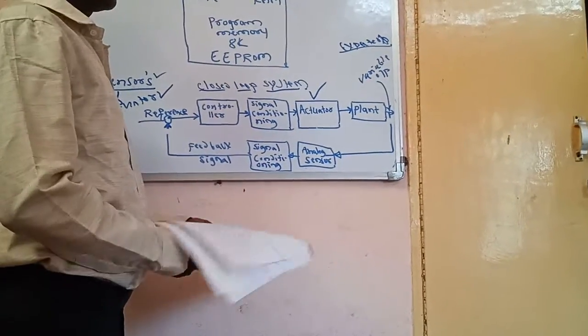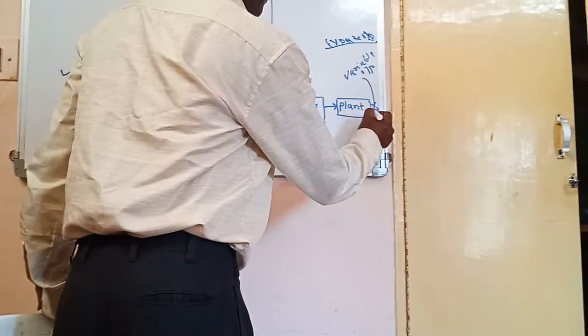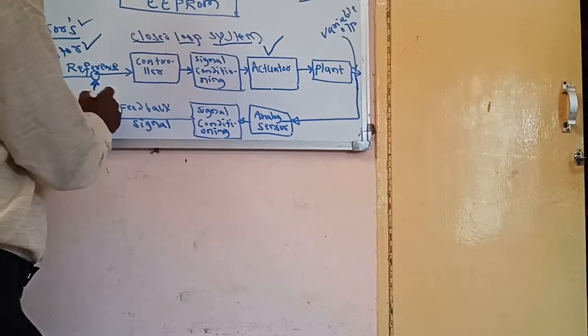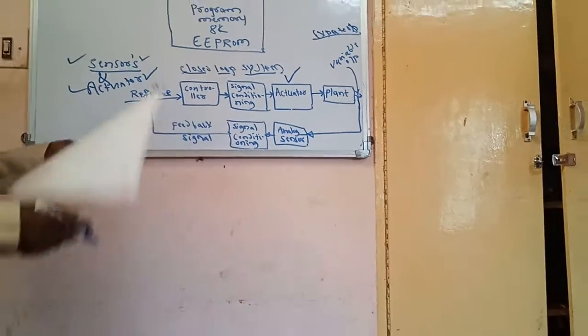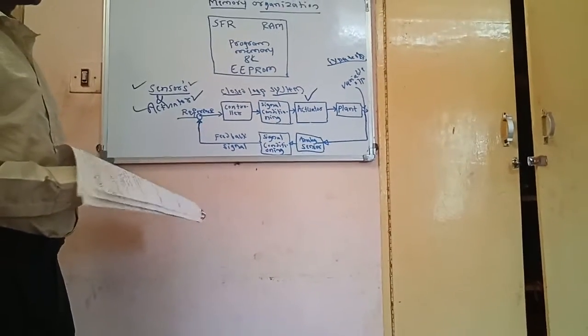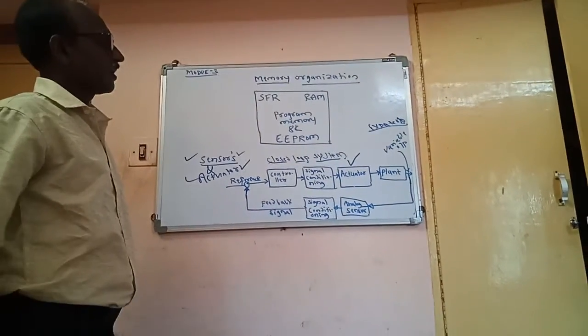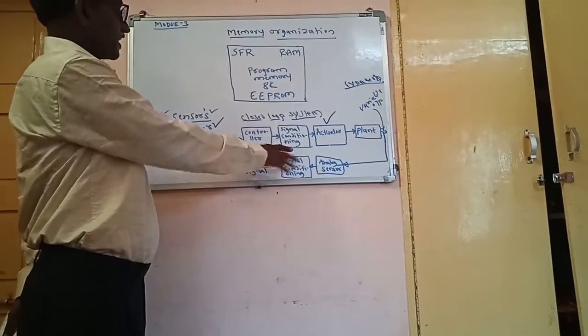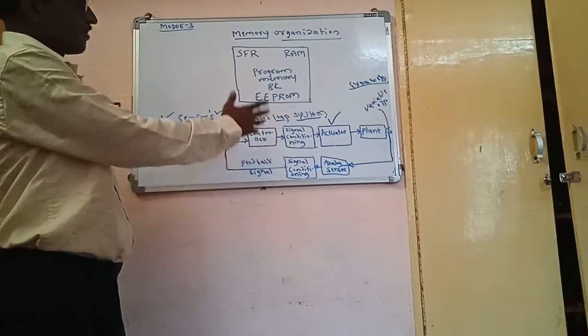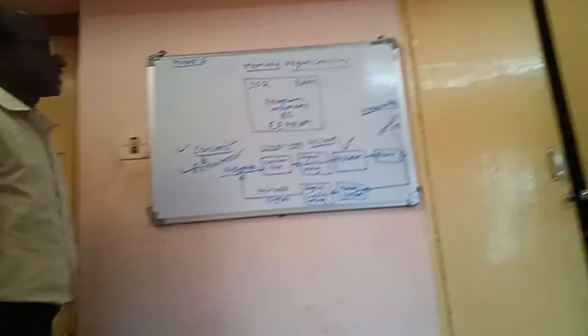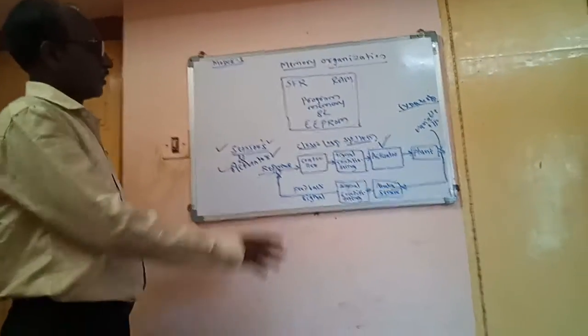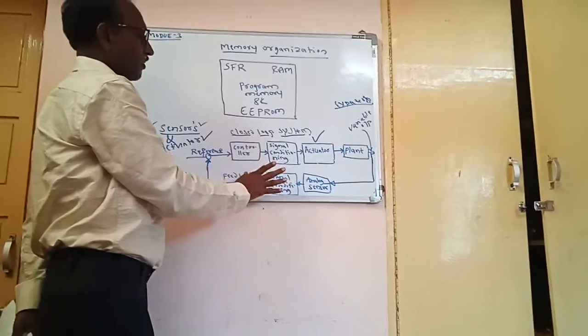To avoid such erratic results, in all production industries we consider the closed loop system. A closed loop system is more stable and you will get a stable output. So sensors and actuators are the most important devices in a closed loop system. Through these actuators only, the output and input information are controlled.